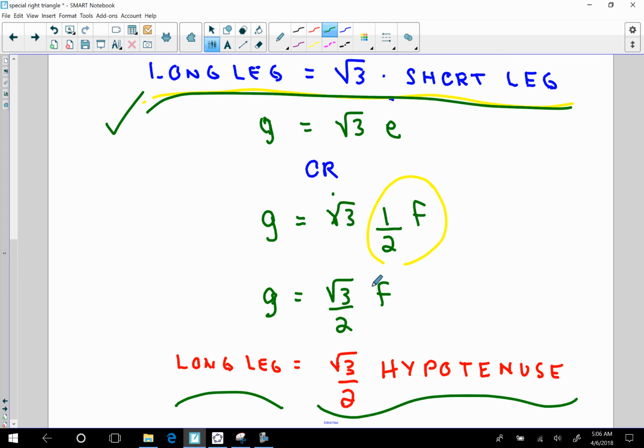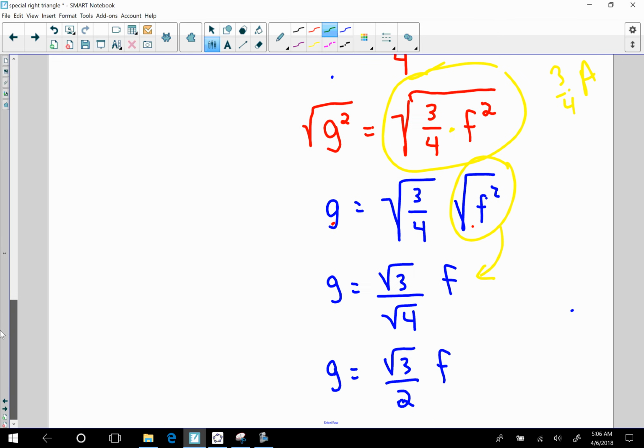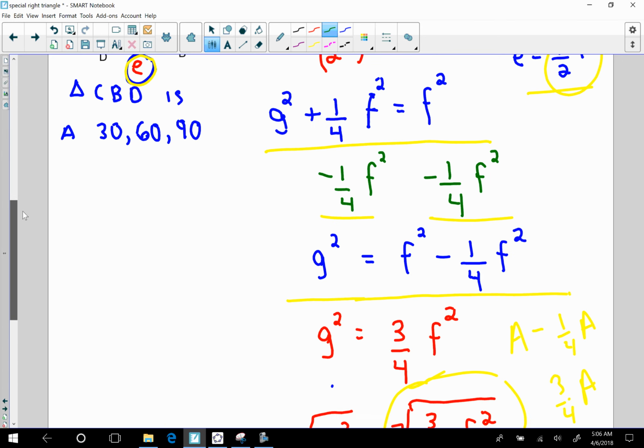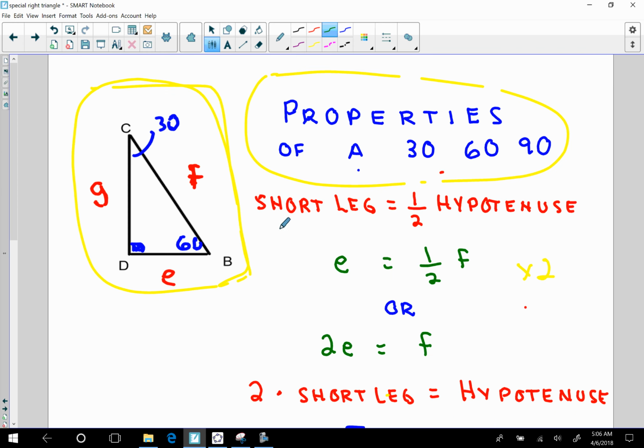Pause a little bit, and you can always go back to the video and that discussion that we had right here that shows that. Simple Pythagorean theorem property. This kind of generalizes it. E is 1/2 F, G is square root of 3 over 2 times F, or G is square root of 3 times E. So let that sink in. Take some notes about that.